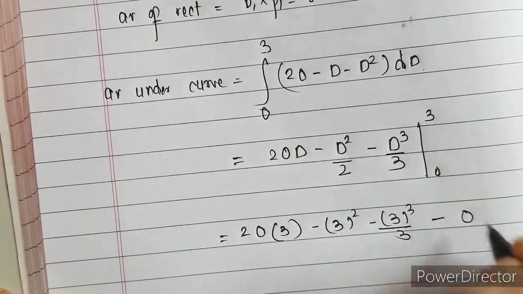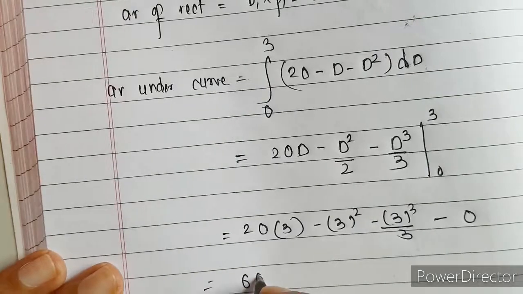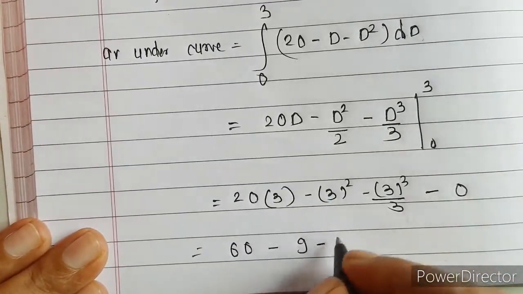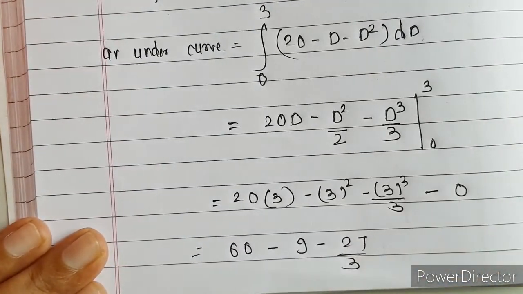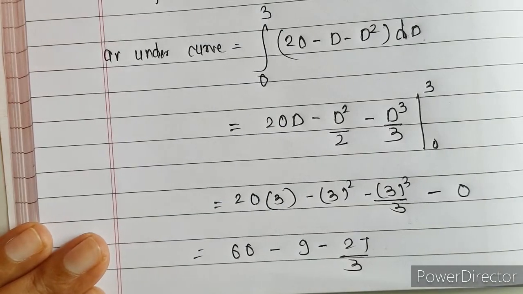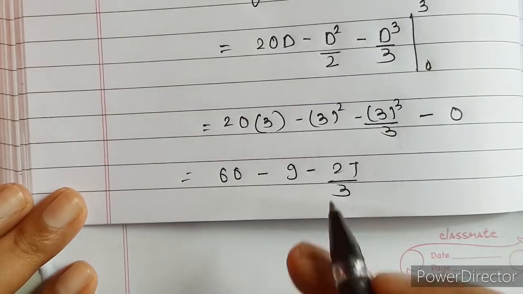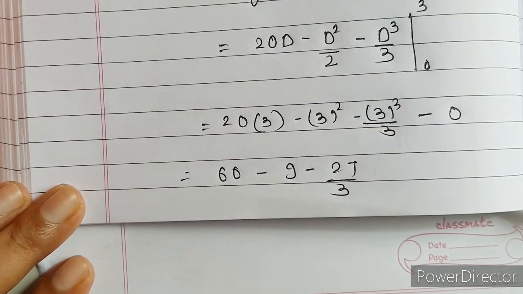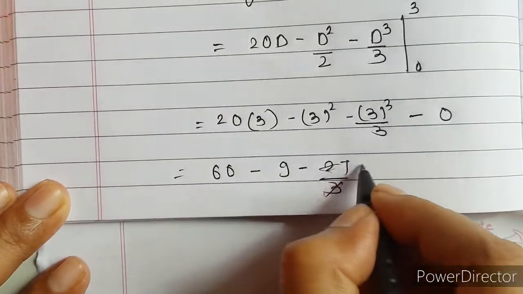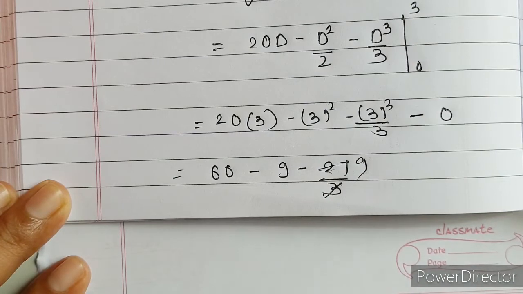So 60 minus 27 by 3, which is 9. So 60 minus 18, which equals 42.